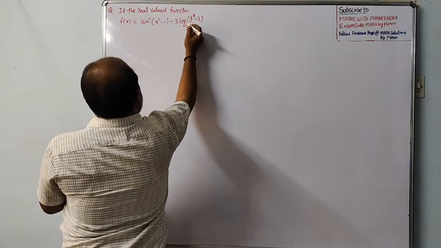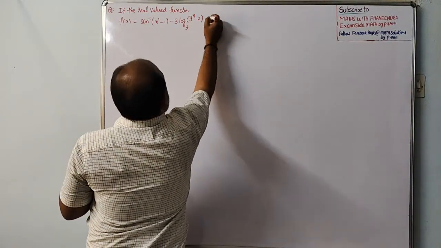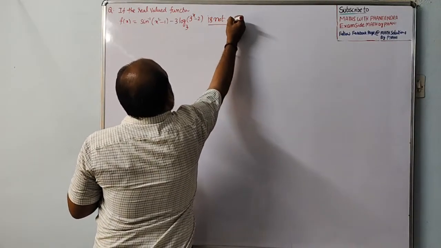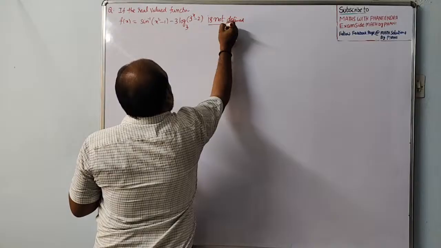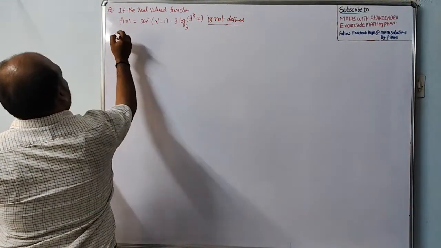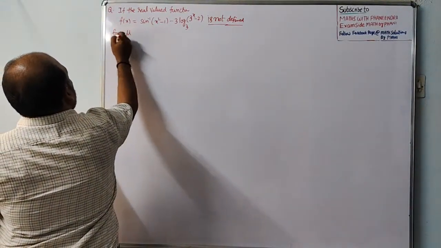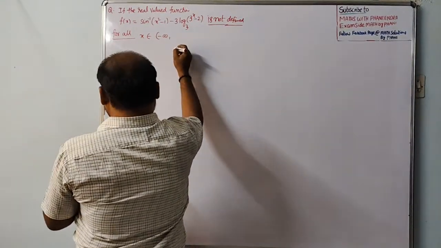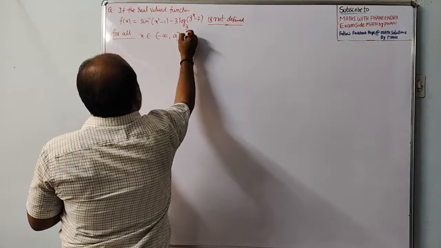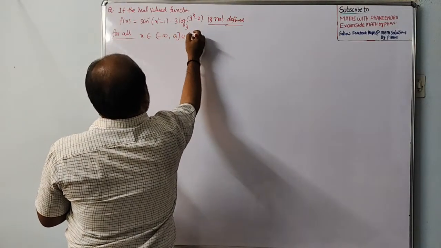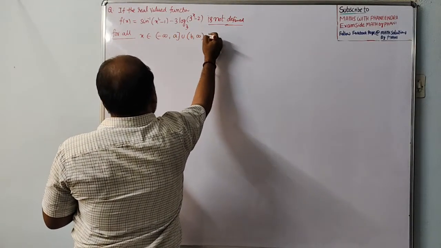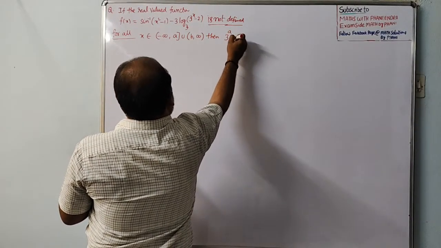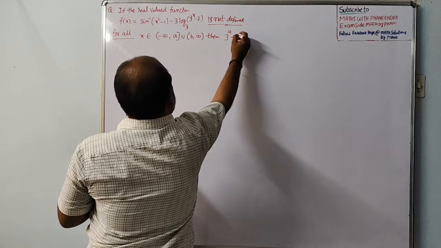Sorry, base 3 is not defined. Here you have to understand the question. Not defined for all x belongs to open minus infinity to closed a union open b to infinity, then 3 power a plus b square is equal to.